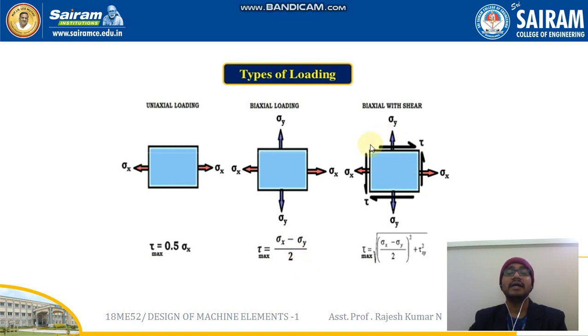For biaxial with shear, the maximum shear is calculated by the square root of (sigma x minus sigma y by 2) whole squared plus tau xy squared. You can see how the shear is acting and how the uniaxial and biaxial loads are acting on it. All these things you can see very clearly here.